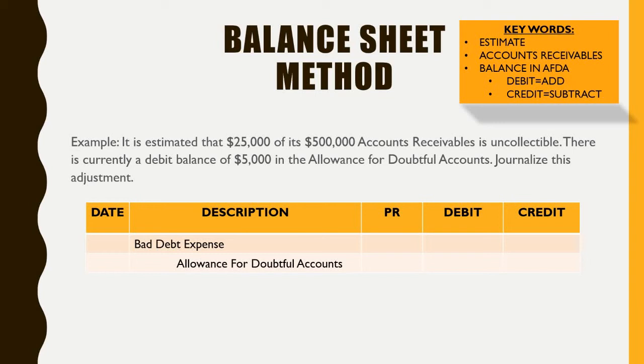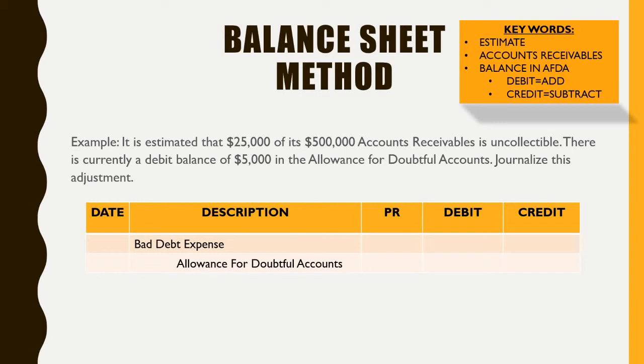So if there's currently a debit balance, I'm on the left side by 5,000 and my end goal is to be on the right side at 25,000. How much do you need to get the balance to become zero? Right now we have 5,000 on the left side, a debit balance of 5,000. How do I get to zero?